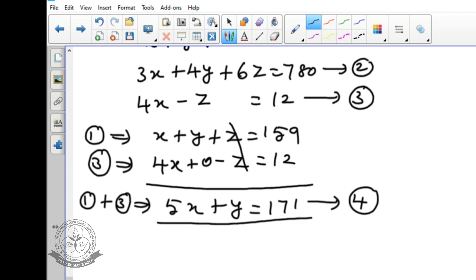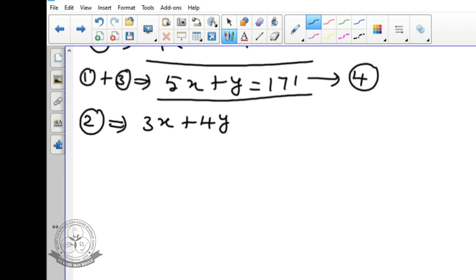Next, I have to take another 2 equations. Now I am going to take equation 2. Equation 2 is what here? 3X plus 4Y plus 6Z equal to 780.